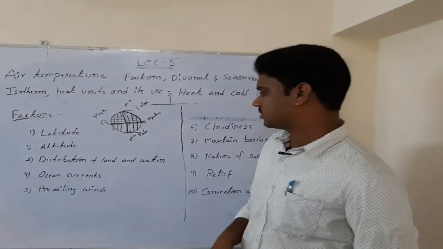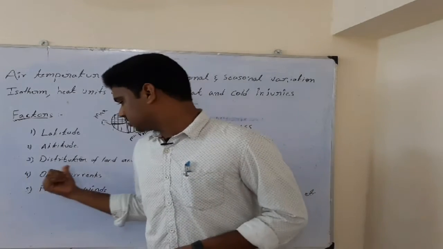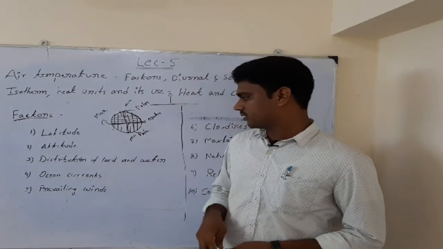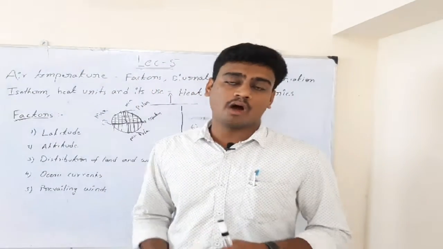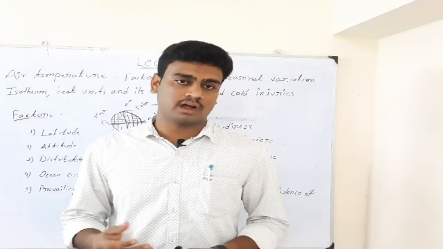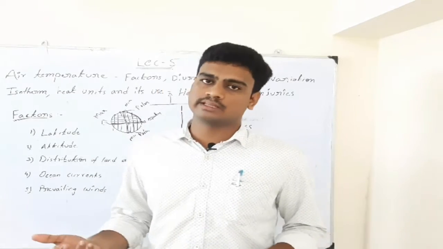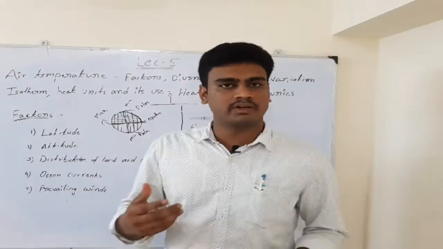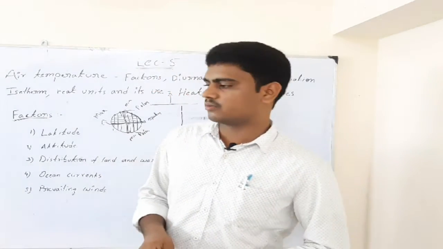Then the next one is distribution of land and water. In this, we have to know how quickly land will get heat and how quickly land will again cool down. And also water bodies, maybe the sea, ocean or river, whatever the water bodies.